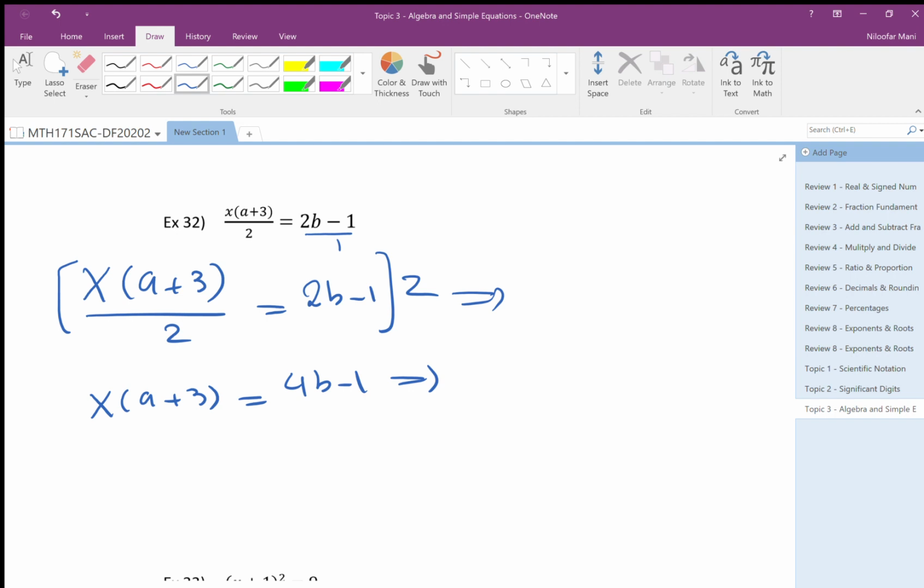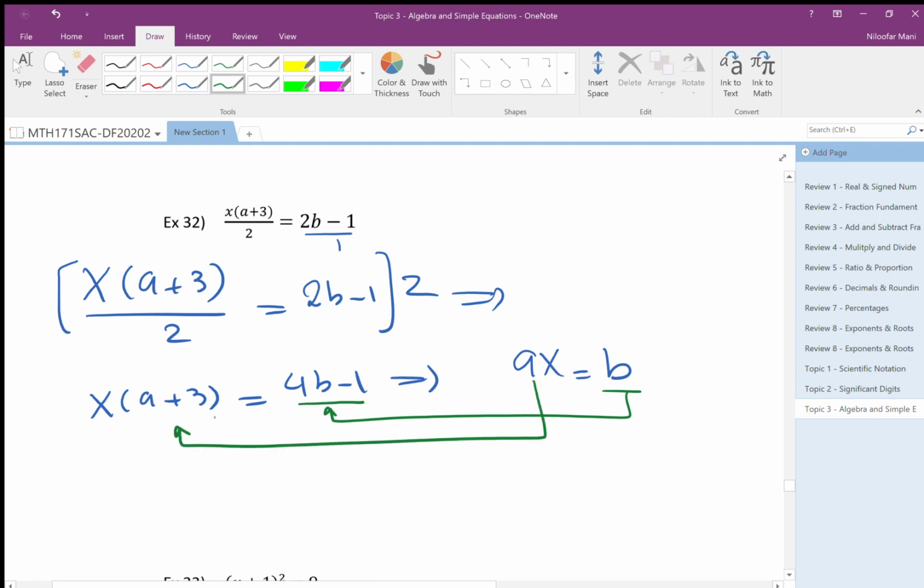When I want to solve for x, I don't need to bother to multiply with the bracket because I can say ax equal b. So here b is the same as this, and here a is the same as this. Okay, so x is 4b minus 1 over a plus 3.